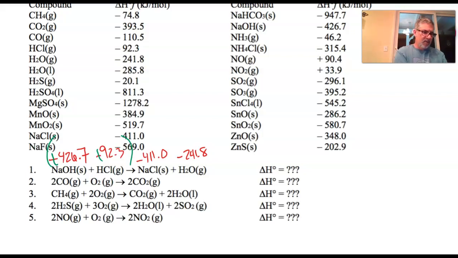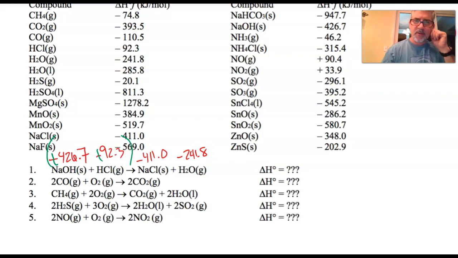plus 92.3 minus 411 minus 241.8. And I get 134. I got 3 digits.